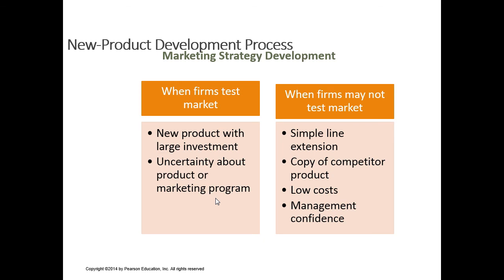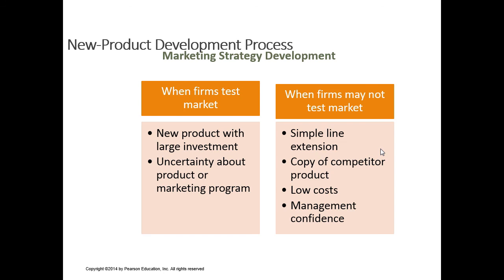So when they actually do this test marketing, you can do it in a couple of different ways. And this screen here kind of draws the contrast between doing test marketing and developing marketing strategies for new items compared to completely new to the world kinds of stuff here on the left side. And then also those things that are more an extension of things that they do.